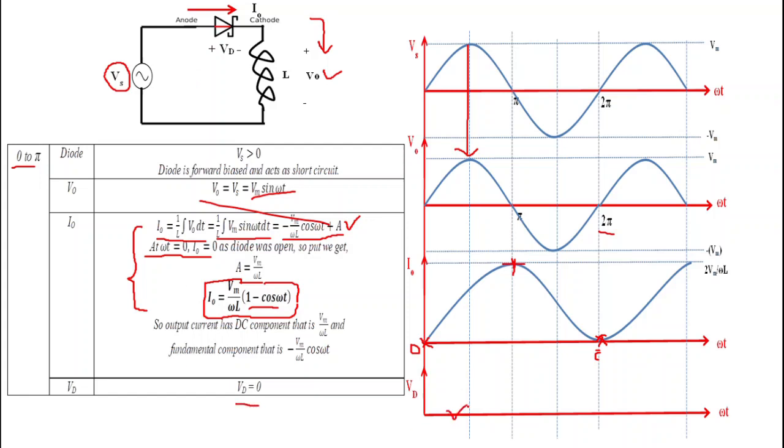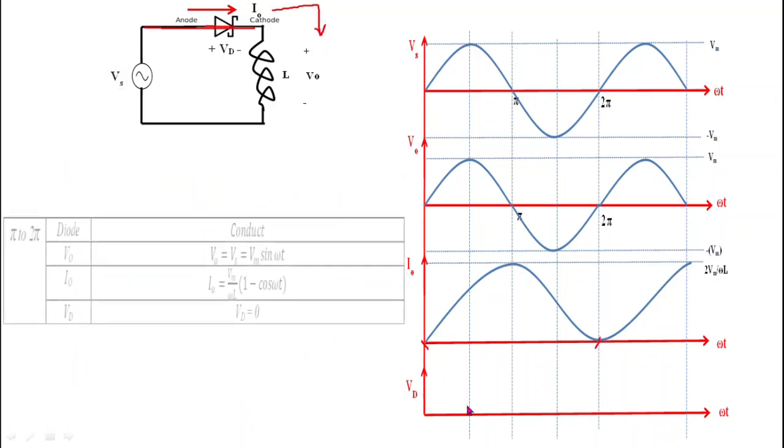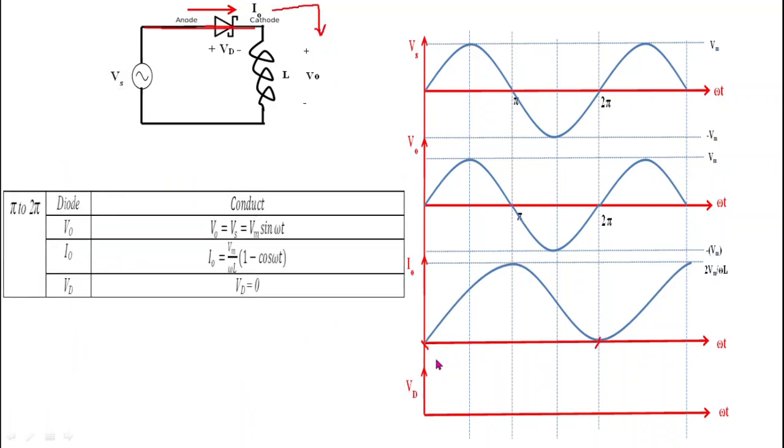Now what happens from pi to 2 pi? As we have already derived, the output current is positive from 0 to 2 pi. So the concept is that the diode will conduct as long as the current direction is positive, and we get positive current direction from 0 to 2 pi. So this diode will conduct from 0 to 2 pi because the direction of current is not changing.